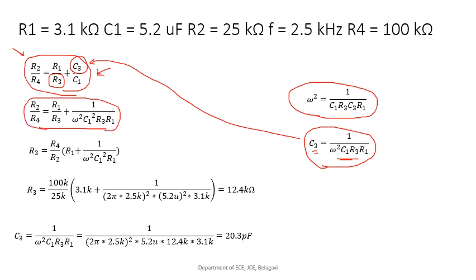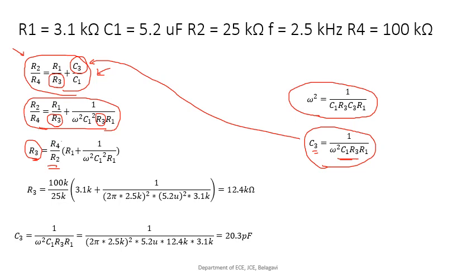Then we simplify for R3. You take R3 common and send it to the other side, so it becomes the numerator. And the R4 and R2, you send them to the right hand side. So that becomes like this.